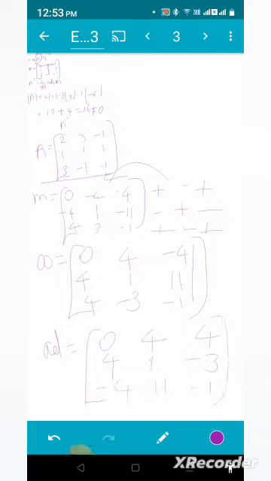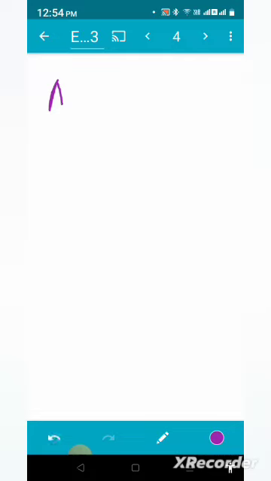We get the determinant value and also the adjoint value. So we have to find A inverse from the determinant of A and the adjoint value. A inverse is equal to 1 by determinant of A, which is 16.